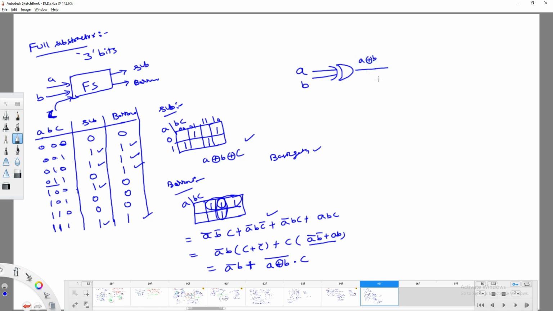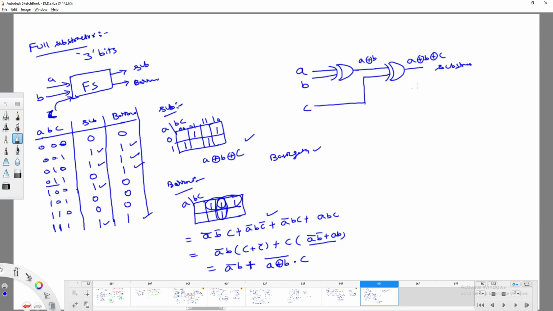Now for this one I am going to give one more input C, then you are going to get A XOR B XOR C. So you got the subtraction here. Now we need to find out the borrow. We need to find the borrow, right? Borrow you are going to get here. Try to observe how you can get it, right?